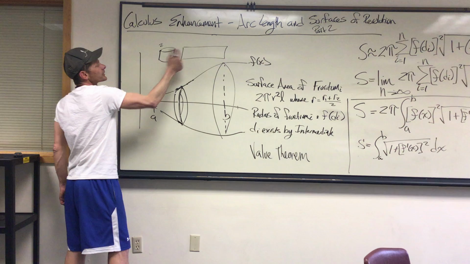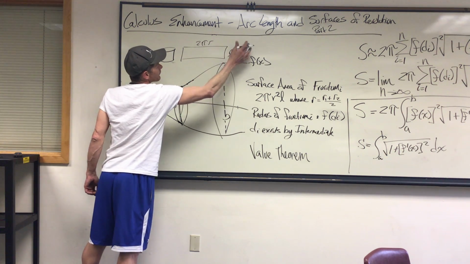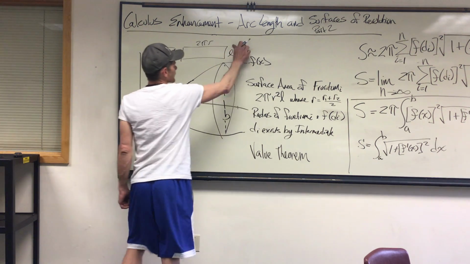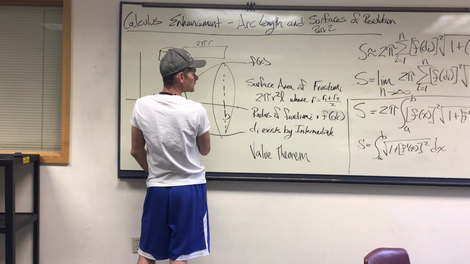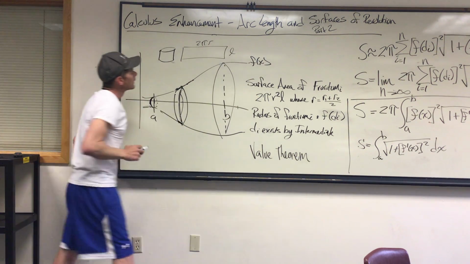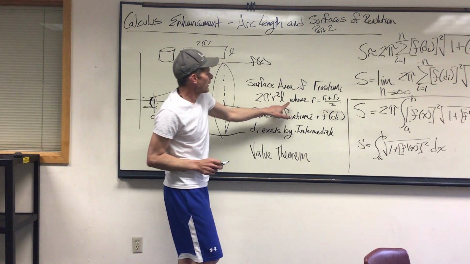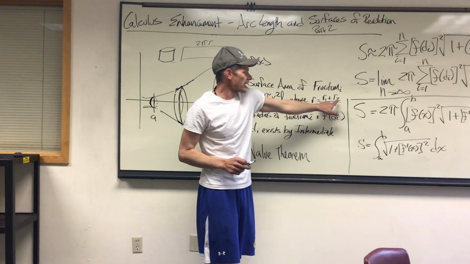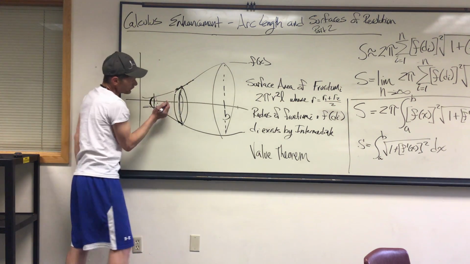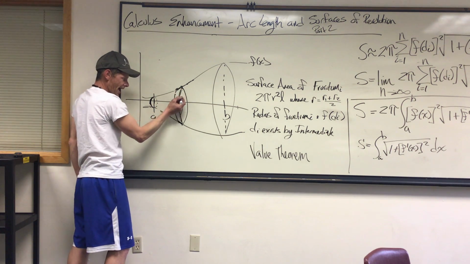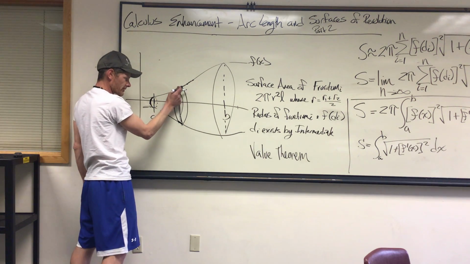We unfold this little guy, and it is 2 pi r here, and the height, I'll call it L. So the surface area is 2 pi r times L, but r here is the average of the two. We take the short radius right here and average it with the long radius, right in the middle.